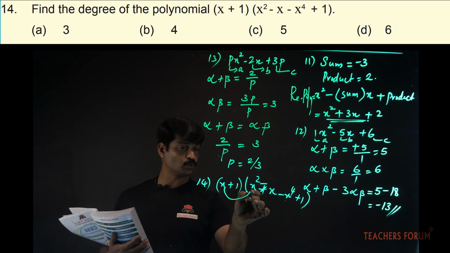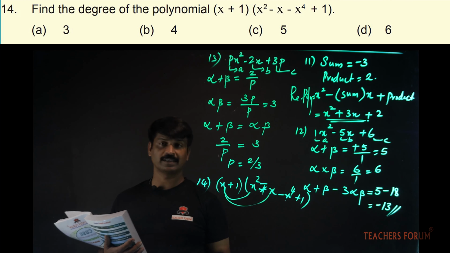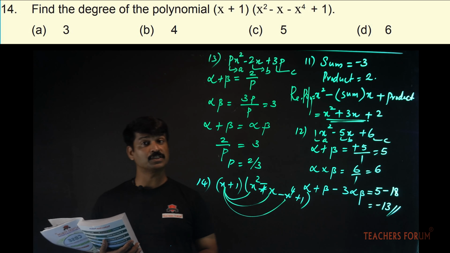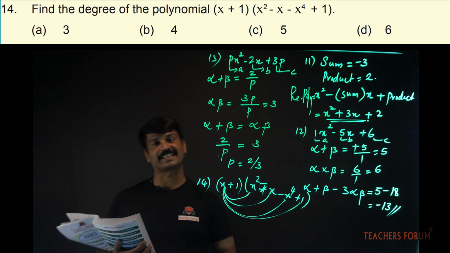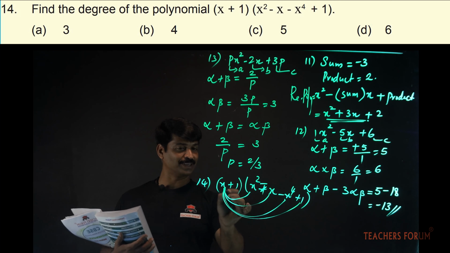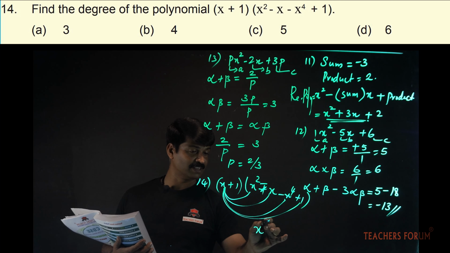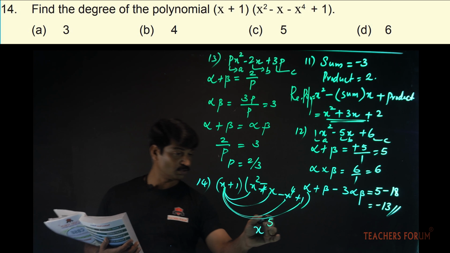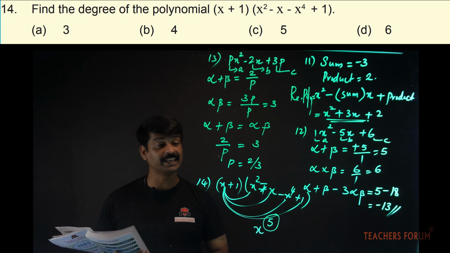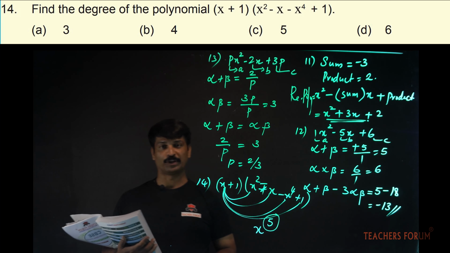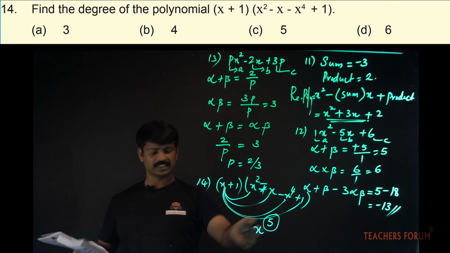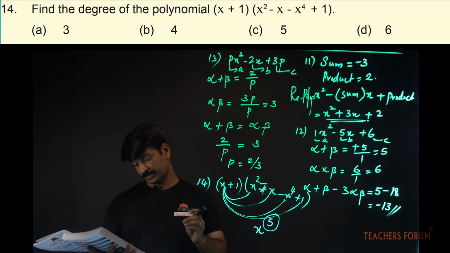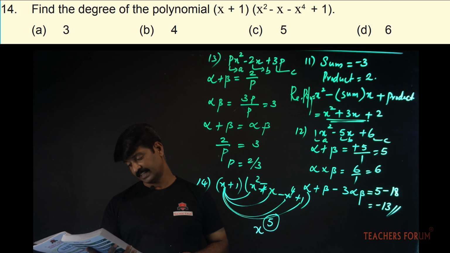So what is x into x square? x cube. x into x, x square. x into minus x raised to 4, that is x raised to 5. x into 1, x. So the highest power is x into x raised to 4, that is x raised to 5. So 5 is the degree of this given polynomial. I think it is clear. It's very simple. You have learned in your lower classes. So the degree is 5 here. So the correct option is option C, that is 5.